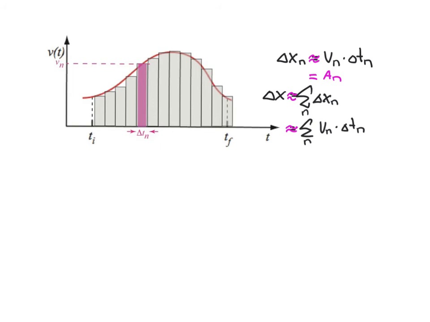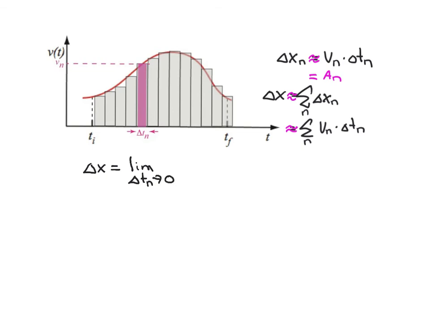So then what we can say is that the equality becomes exact. Delta x is exactly equal to this sum in the limit that delta t goes to 0.